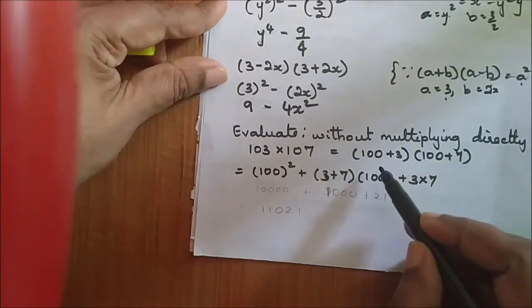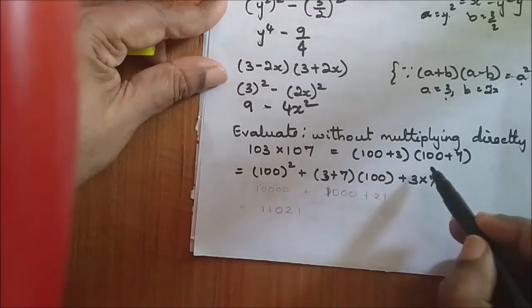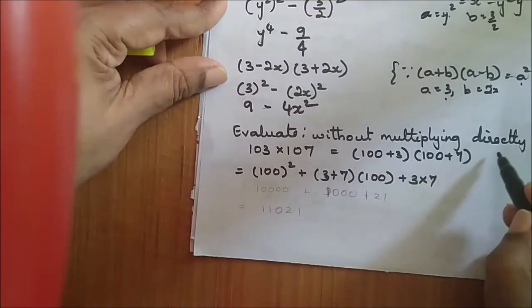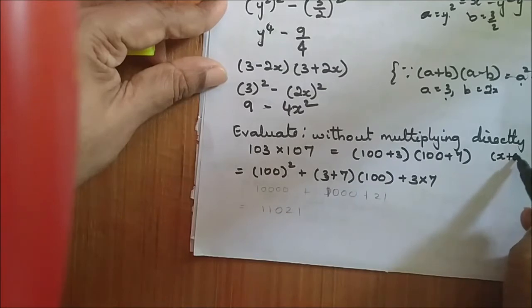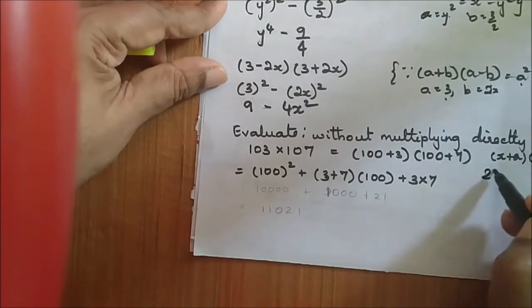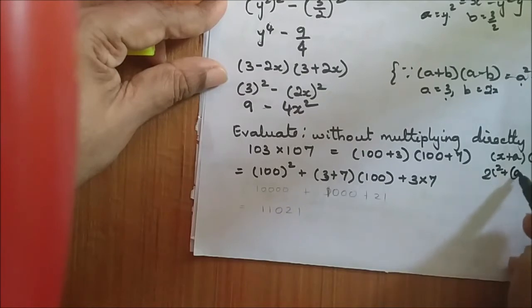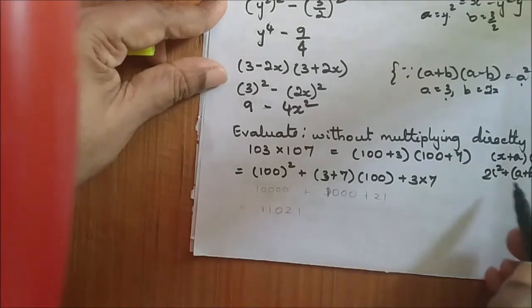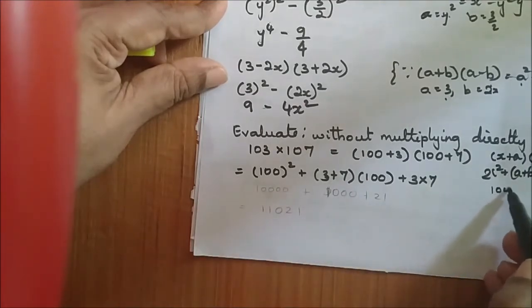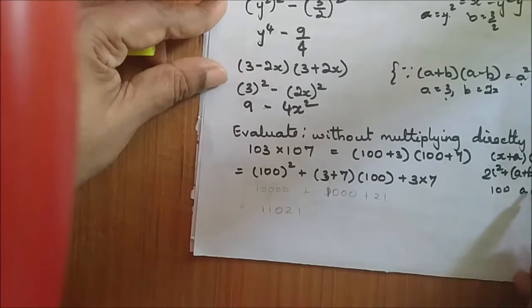So this is of the form (x + a)(x + b). I hope you get it. (x + a)(x + b) is nothing but x squared plus (a + b)x plus ab. So we have made use of it. Here my x is nothing but 100, a is equal to 3 and b is equal to 7.